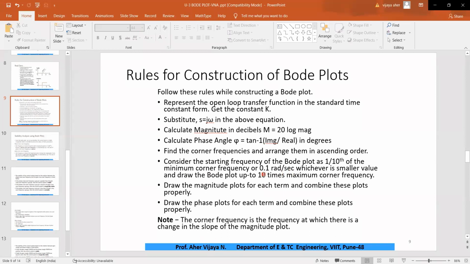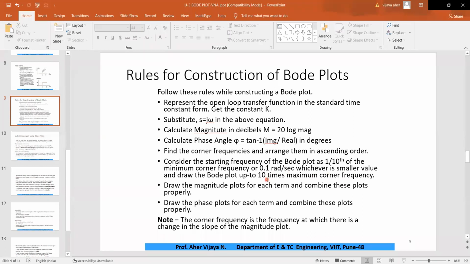So always remember, in the last 4 examples, we have taken omega minimum equal to 0.1 radian per second, whichever is the smaller value, and draw the Bode plot up to 10 times the maximum corner frequency. 0.1 into 10.